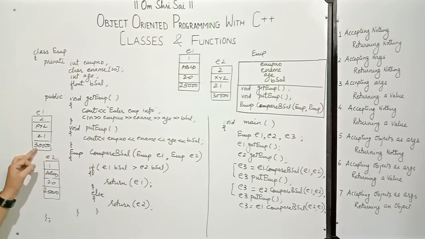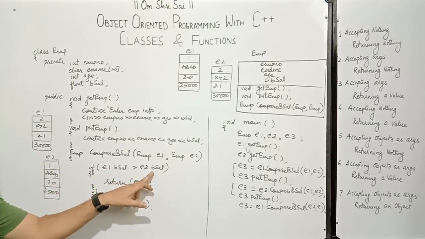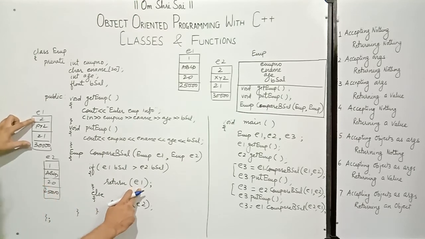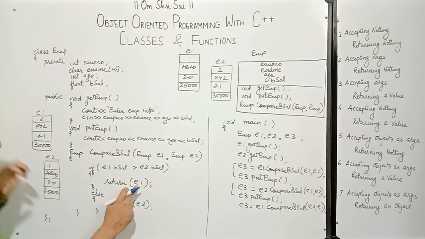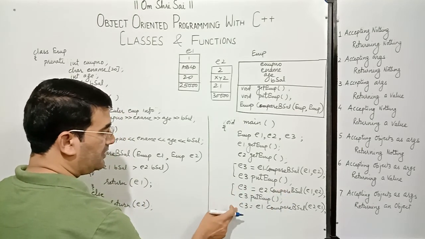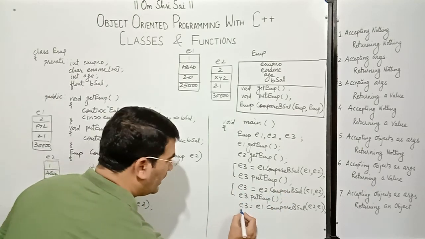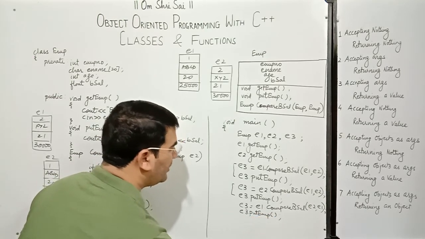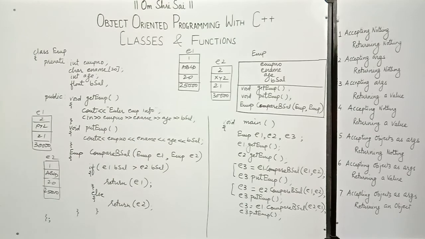E1.bcell is representing 30,000, which is greater than 25,000. It will return E1, and this E1 is actually storing the value of E2. So we will return E1, and that will be stored in E3, and hence E3 will contain E2, and we will display the information of EMP by invoking E3.putEMP.